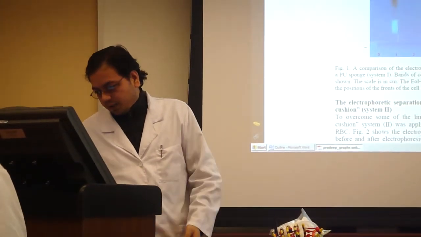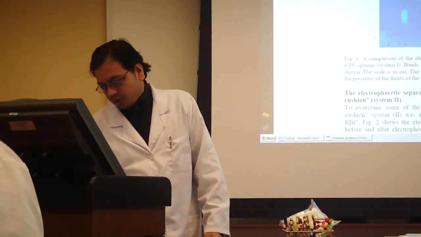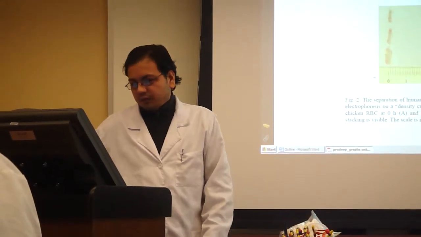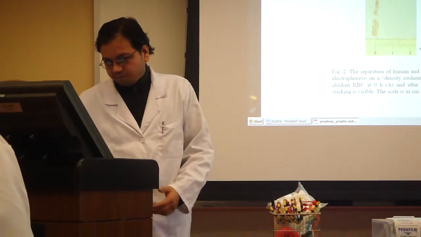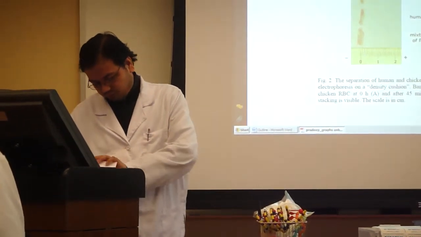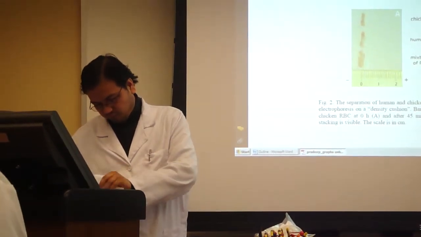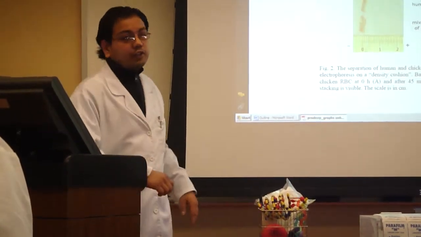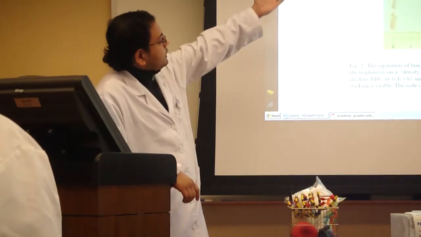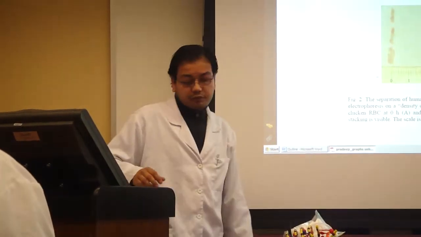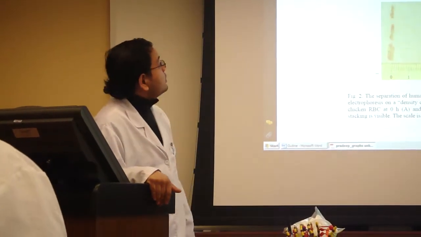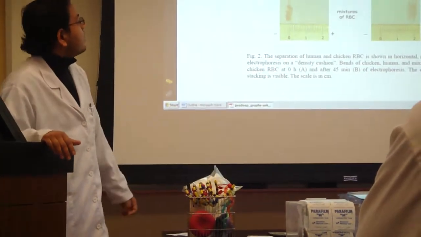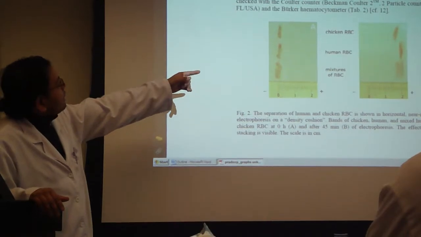And on the second sample, solution 2, what I was talking about before, it actually does move. This is the cell electrophoresis of the human and chicken RBC. The third kind is a mixture of RBC, both of chicken and human, done on solution 2.